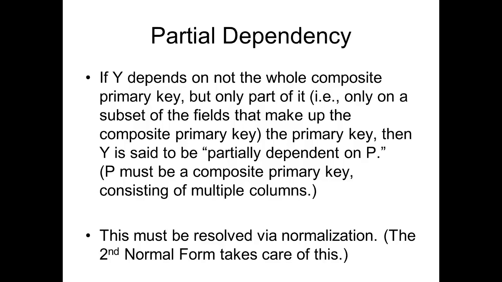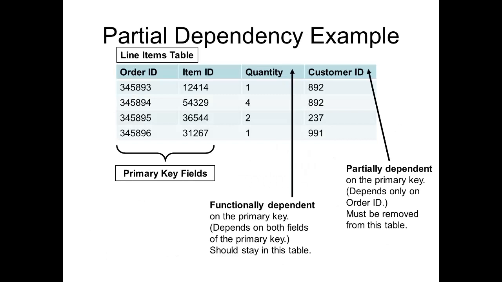For example, in this line items table, the primary key consists of two columns, order ID and item ID. There are two non-primary key columns in this sample table, quantity and customer ID.